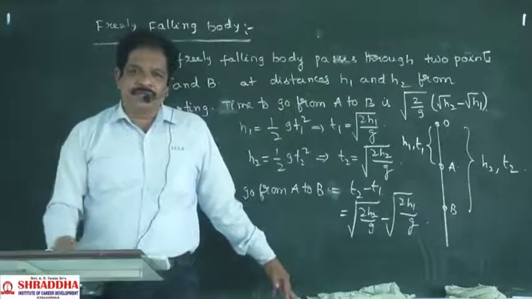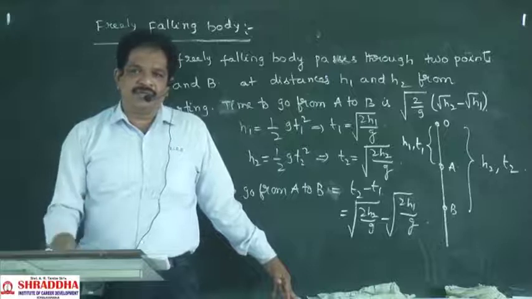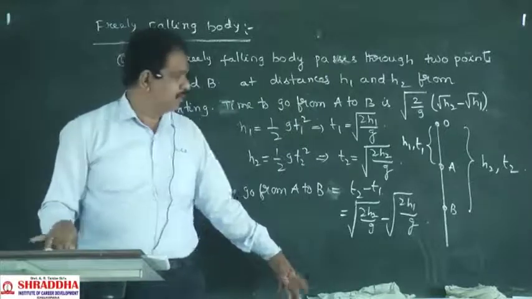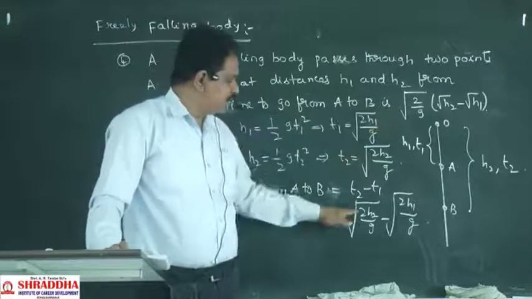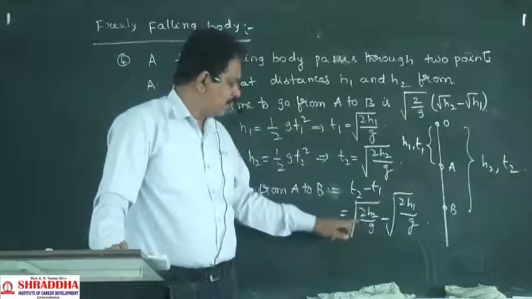Taking root 2 by g common, into (root h2 minus root h1). This we can get. In this, root 2 by g we can take common.